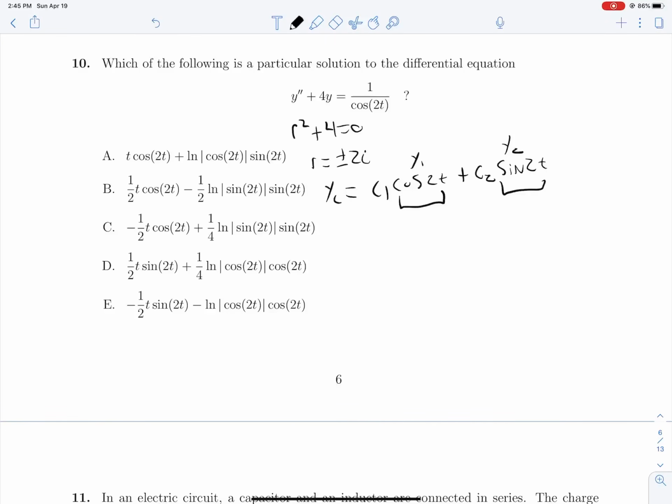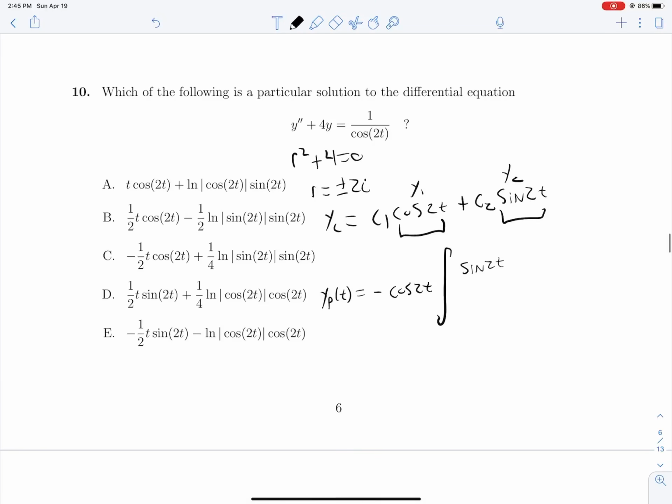Variation of parameters says that yp of t, our particular solution, is negative y1 times the integral of y2 of t, sine 2t, multiplied by this right-hand side term here. We'll call that f of t, so long as the coefficient on y double prime is equal to 1.